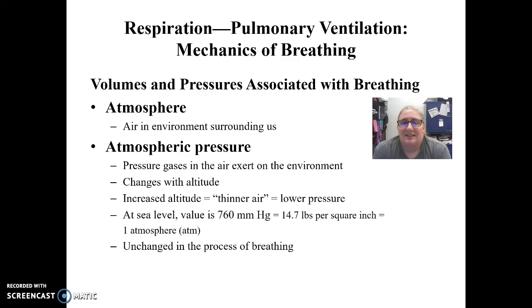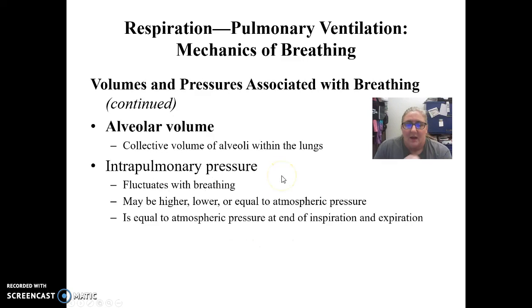Our lung volume is going to change. So alveolar volume is associated with intrapulmonary pressure. Intrapulmonary pressure is the pressure within our lungs. Alveolar volume is the volume of air that can move into the alveoli.